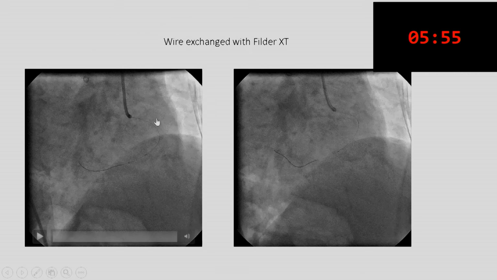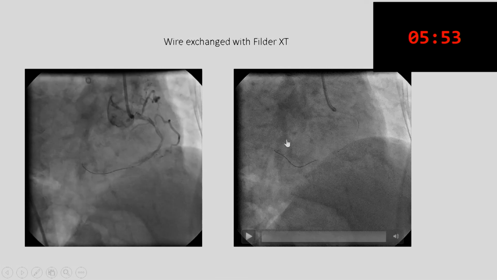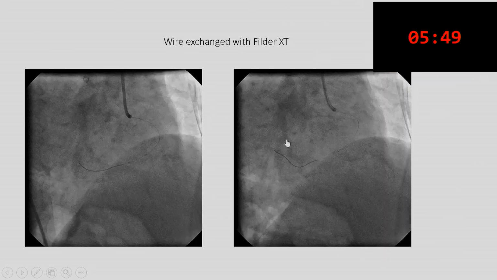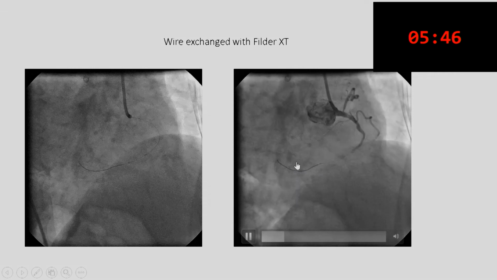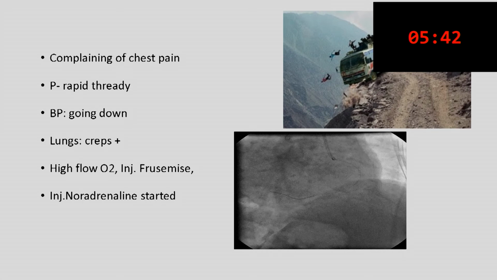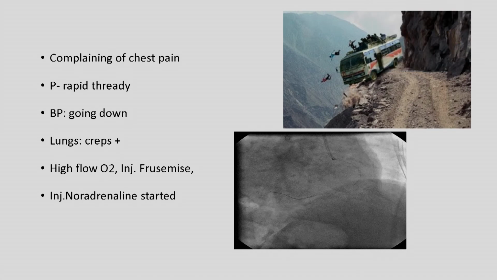Finally, wire exchange with Fielder XT with balloon support, and he still could not find the antegrade flow. At this time, the patient was complaining of chest pain, pulse rapid, and BP falling, his vitals were going down, there were crepts, high flow oxygen and injection furosemide were already started.